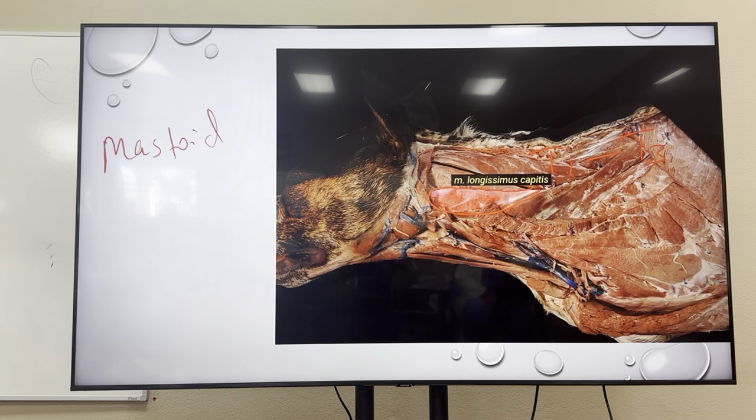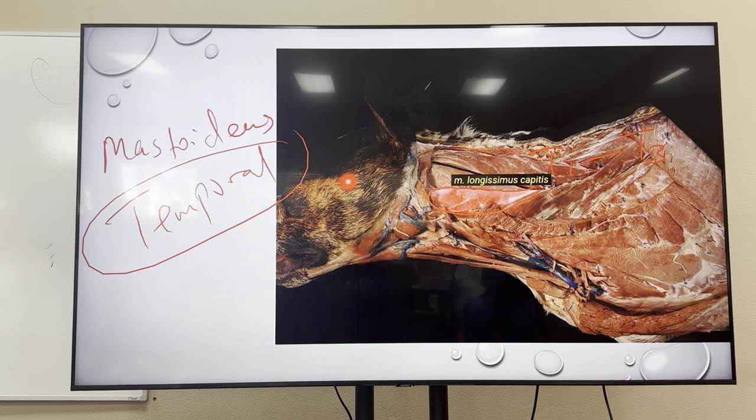Some will call it mastoideus of the temporal bone. The temporal bone is a bone of the skull, which we will be looking at next semester.